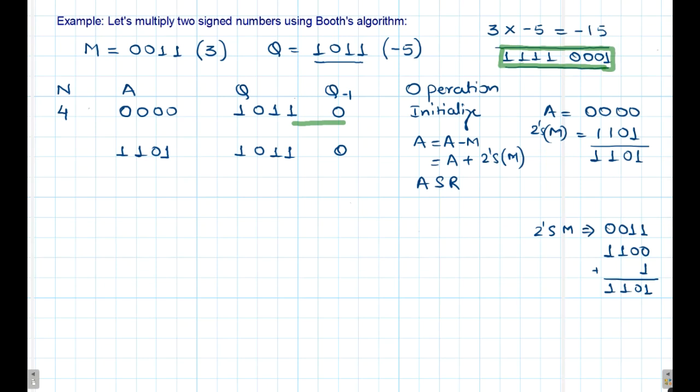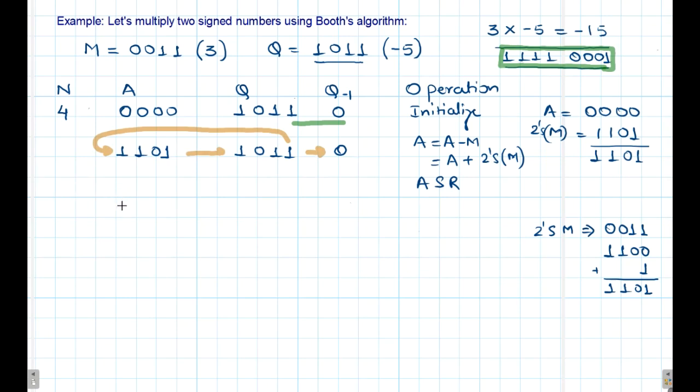Now, in order to calculate ASR, we are going to perform arithmetic shift right. That is, this one is shifted over here, and we are going to shift the value of 1 into it, and the value of 1 is shifted to the Q minus 1 part.